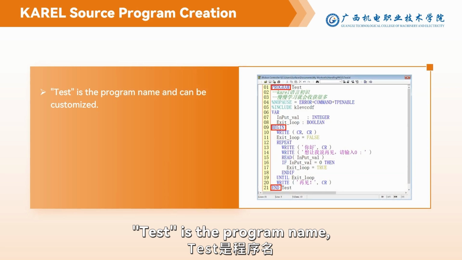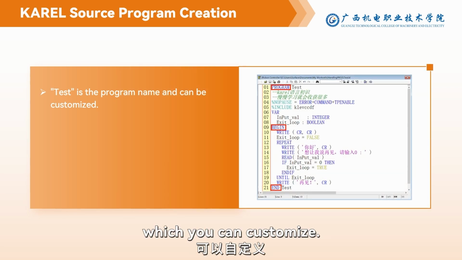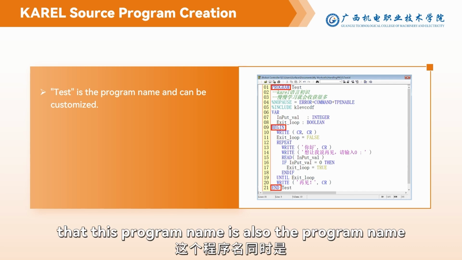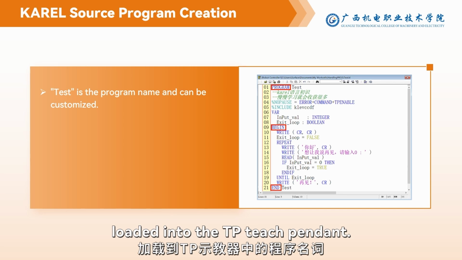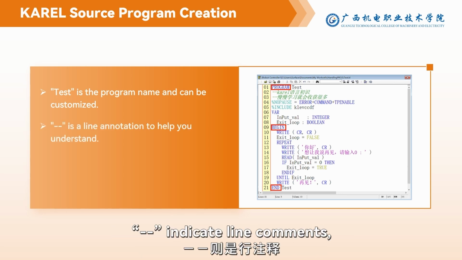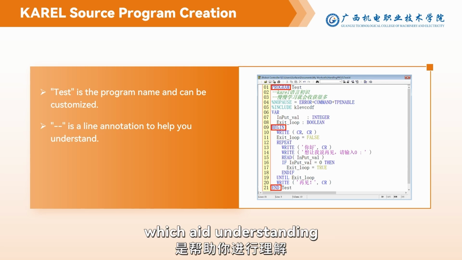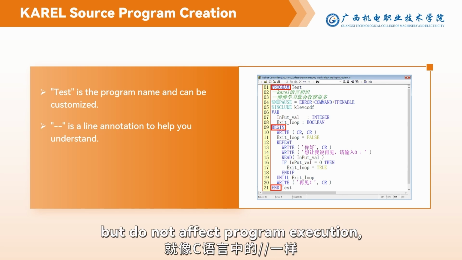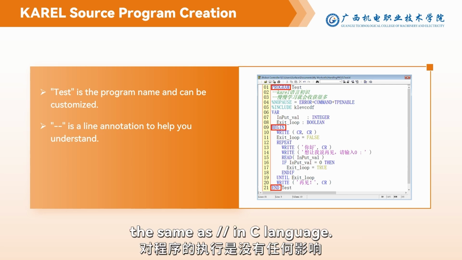Test is the program name, which you can customize. However, it must be noted that this program name is also the program name loaded into the teach pendant. Double dash indicates line comments, which aid understanding but do not affect program execution, the same as // in C language.